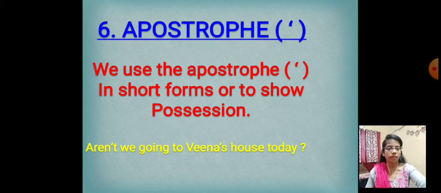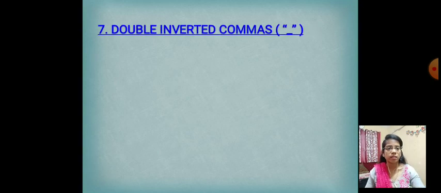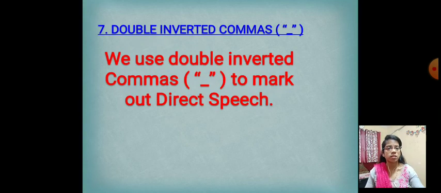Okay. See, the last punctuation mark is double inverted commas. Let's see where we have to use this. We use double inverted commas to mark out direct speech, where the speech is expressed by the speaker.